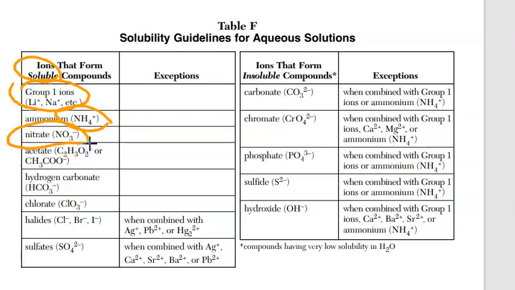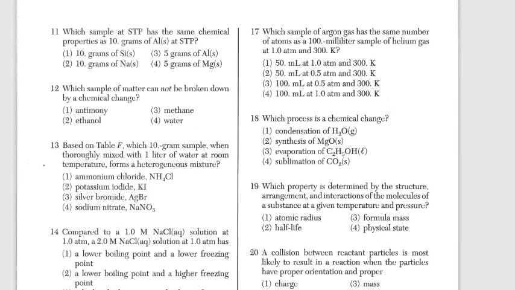It's the silver bromide. See, bromides are normally soluble, except for these three metal ions bonded to chloride, bromide, or iodide. So silver bromide is going to be insoluble, and that means when I put it in water, it's going to essentially just fall to the bottom and be heterogeneous. So that's our answer, which is choice 3.